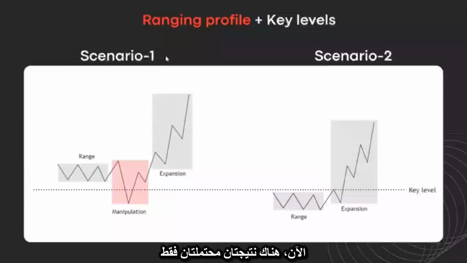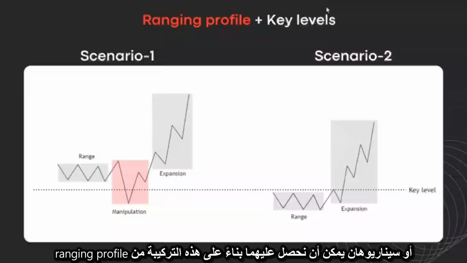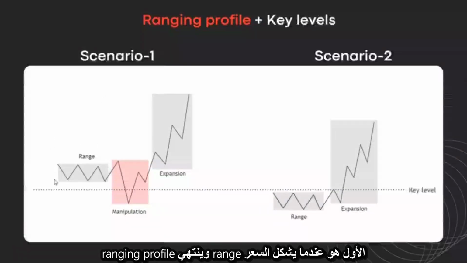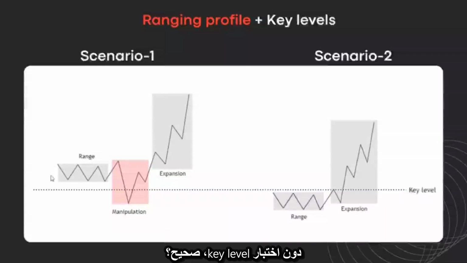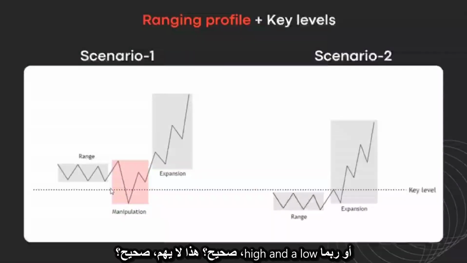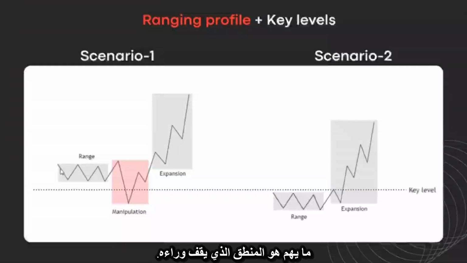There are only two possible outcomes or scenarios we can have based on this combination of ranging profile and key level. The first one is when price forms a range and the ranging profile ends without testing a key level. This key level could be in the form of an order block, a breaker block, or maybe a high and a low. That doesn't matter. What matters is the logic behind it.